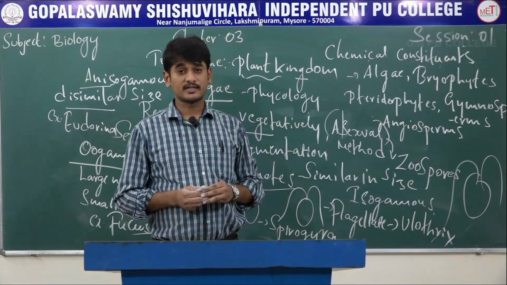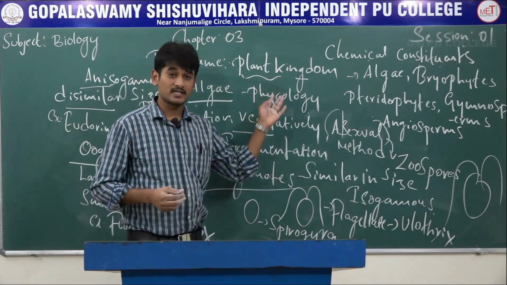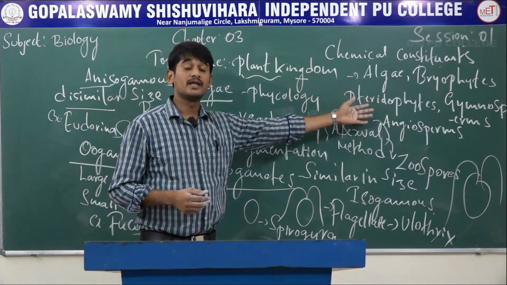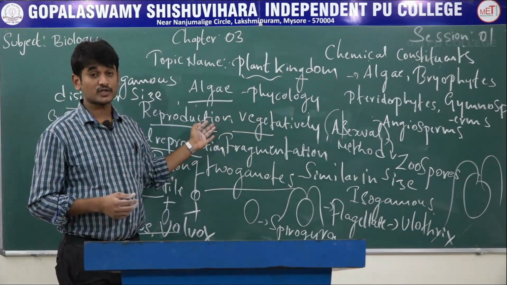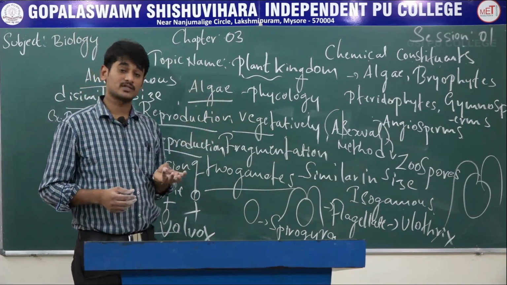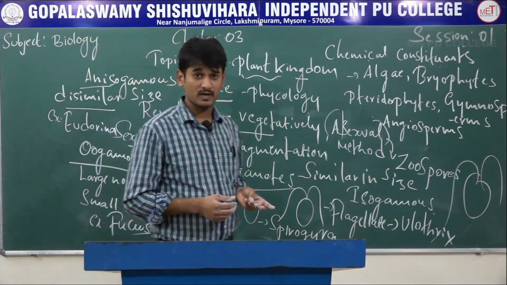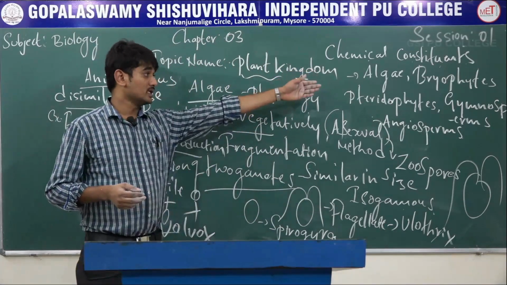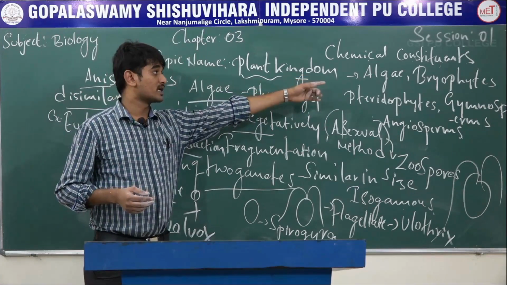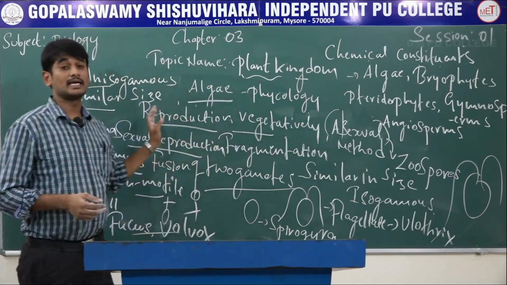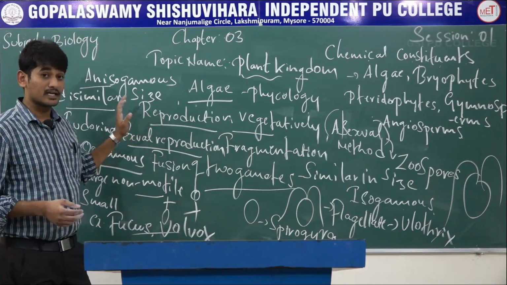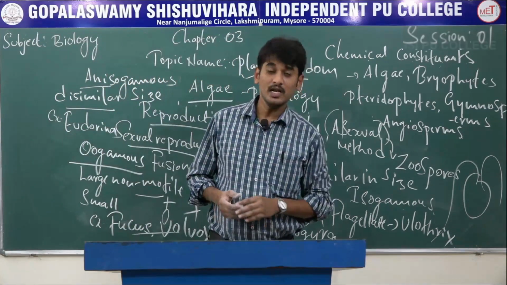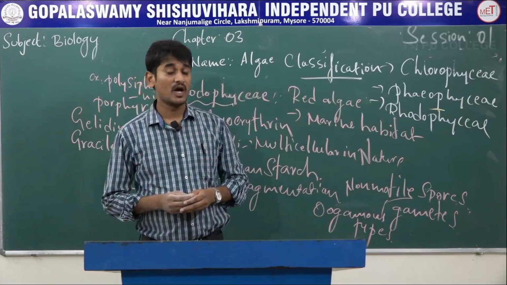Dear students, in this session we discussed the plant kingdom introduction and its further classification, the artificial, natural and phylogenetic systems of classification. First, algae, their basic characters and reproduction, vegetative, asexual and sexual, and the economic importance of algae.